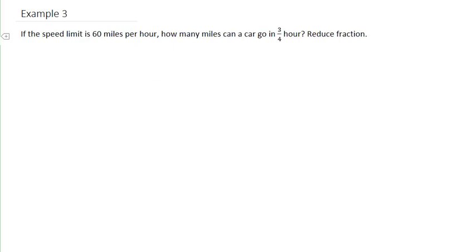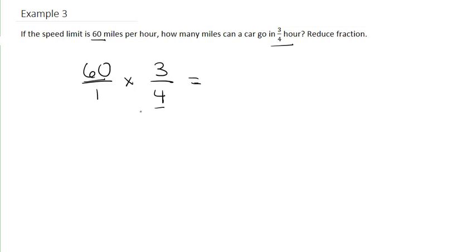If the speed limit is 60 miles per hour, how many miles can a car go in 3/4 of an hour? Reduce the fraction. So we have 60 times 3/4. So let's do 60 over 1 times 3 over 4. But let's use prime factorization before we multiply out.